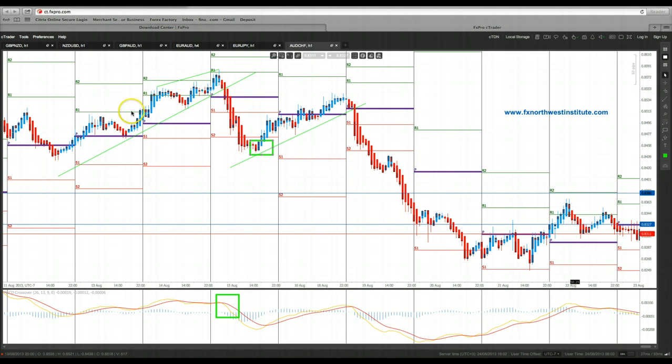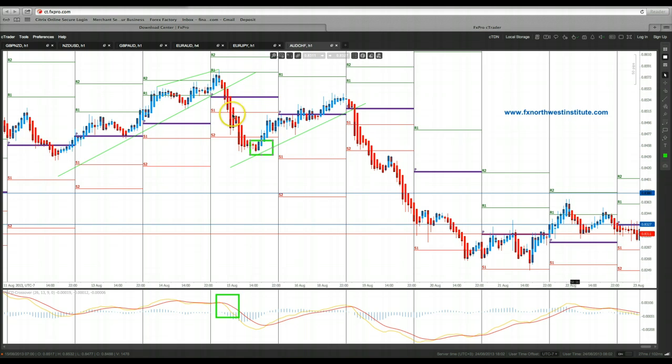So here, before price broke below the trend line, we were in an uptrend. We had blue candles, a slight retracement, but bullish candles. Then what happened? We had colors changing to red, and it broke the trend line. That's our confirmation that this trend is over. It broke below the central pivot point, more confirmation that the market's in a downtrend.